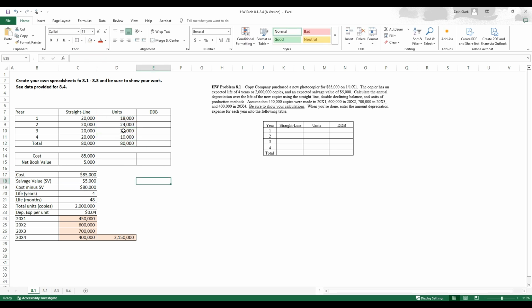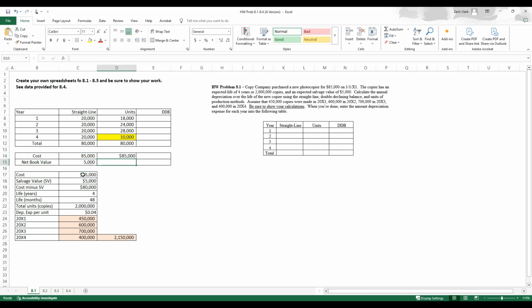So instead of 16,000, which is what we would have calculated, once we hit 2 million copies, basically, we just stop taking depreciation expense. And in essence, we say the equipment is fully depreciated at that point. So again, instead of having 16,000, we had to manually limit the amount of depreciation in order to reach the total accumulated depreciation of 80,000, which again leaves us the, I'll do it here, right?